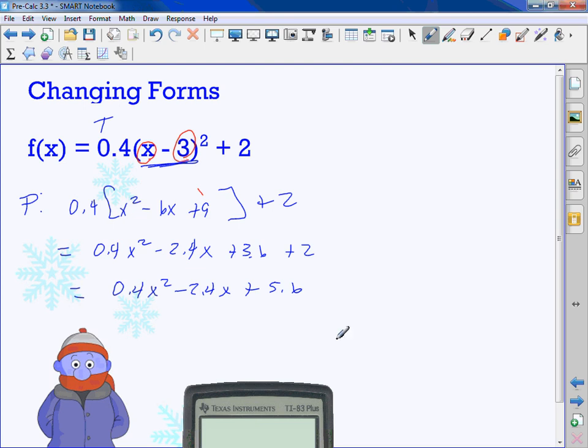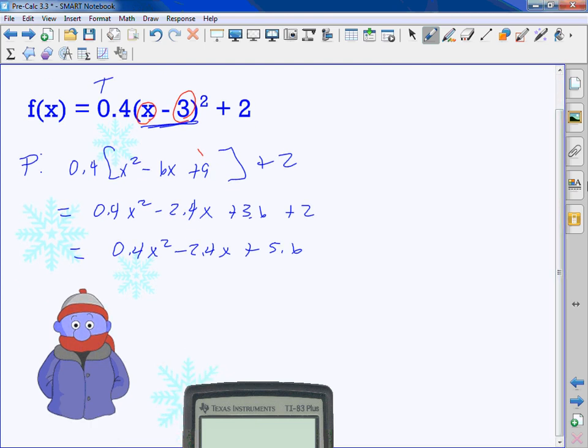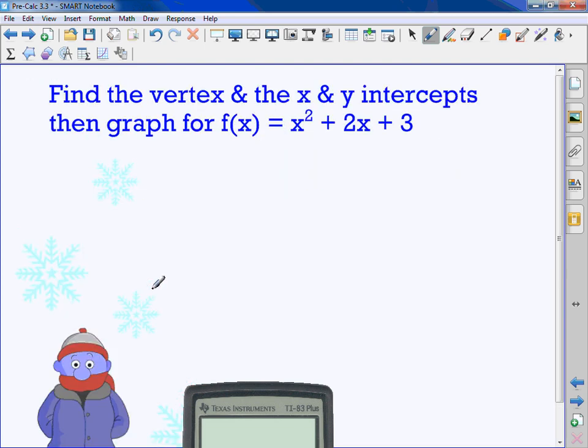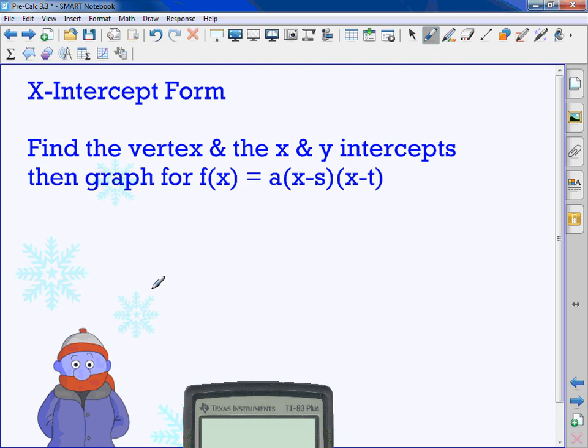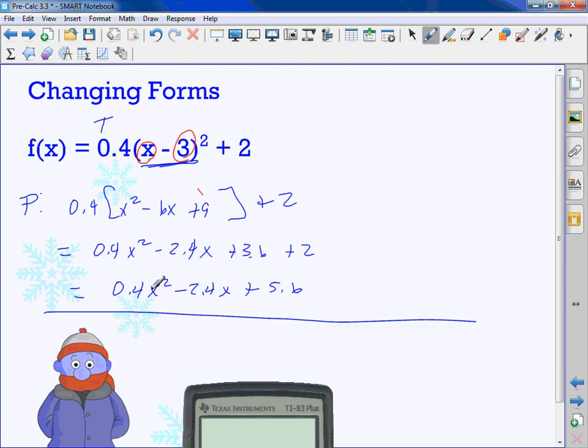The other form. What's the third form? X-intercept. The X-intercept form has to be x minus s, x minus t. So let's find the X-intercepts.